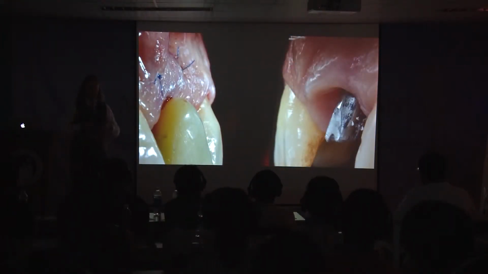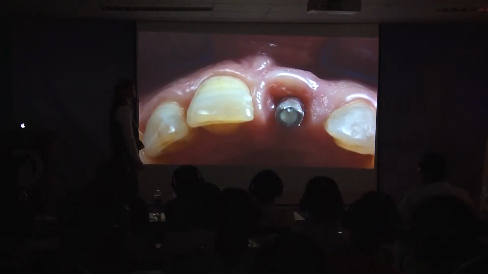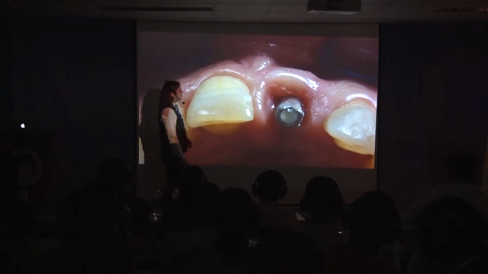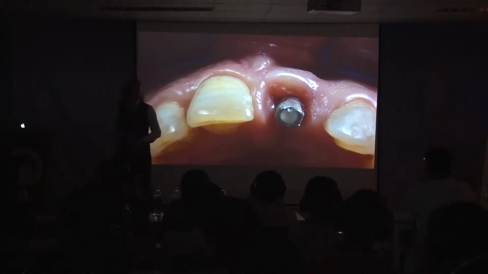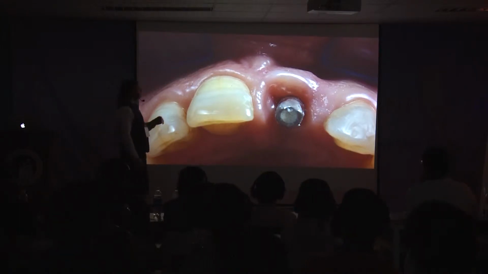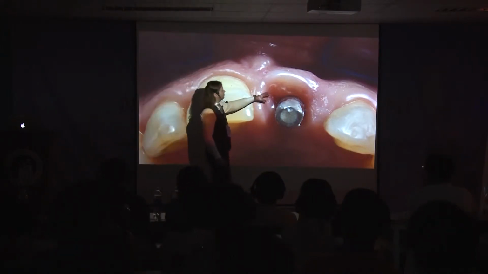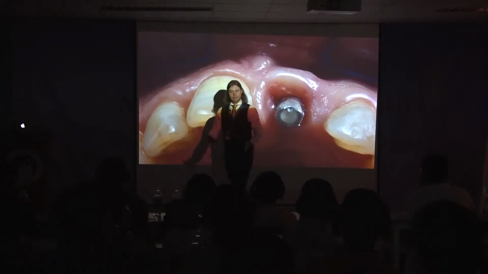I didn't do that. It did it by itself. And the tissue is perfectly healthy. Look how big the volume became by itself. So this is the way you can use the baobab seed to create the full volume that you need.